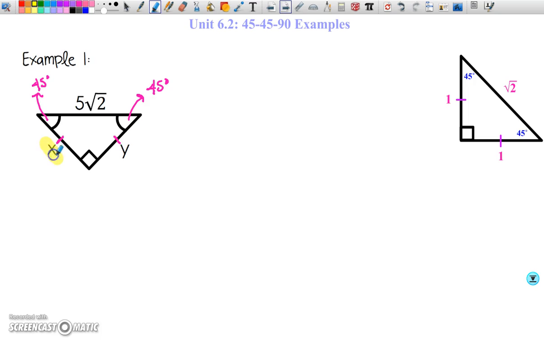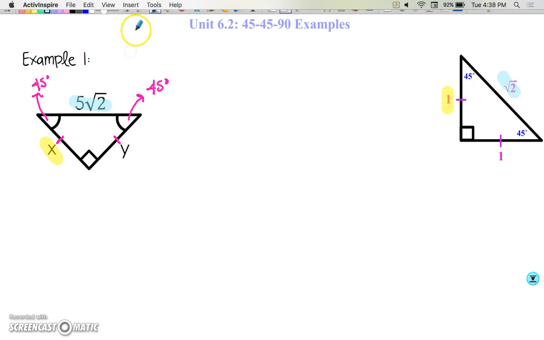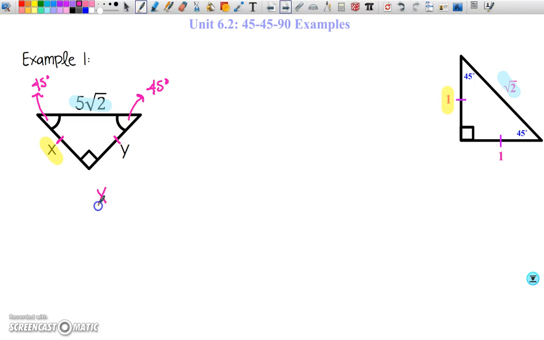So this side right here, this x, is going to pair up with the 1 because we want to do proportions. And then we need to take our other side, our 5 times the square root of 2, and we're going to put it over our square root of 2 from the side that it corresponds to. So x over 1 equals 5 times the square root of 2 over the square root of 2.